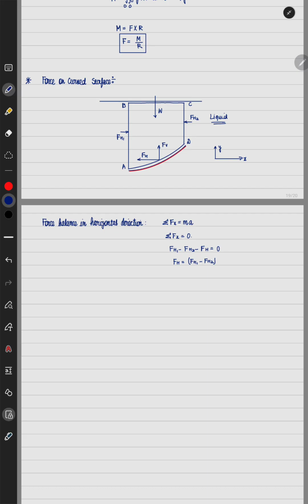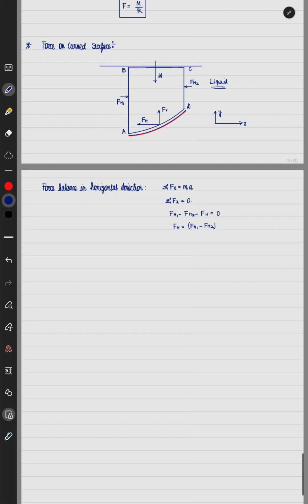So Fh is the total force exerted by the plate on the control volume. From Newton's third law of motion, since the plate is exerting a force Fh in the horizontal direction on the control volume ABCD, because we have written the force balance on ABCD, the same amount of force will be exerted by the control volume on the plate, but the direction will be reversed.